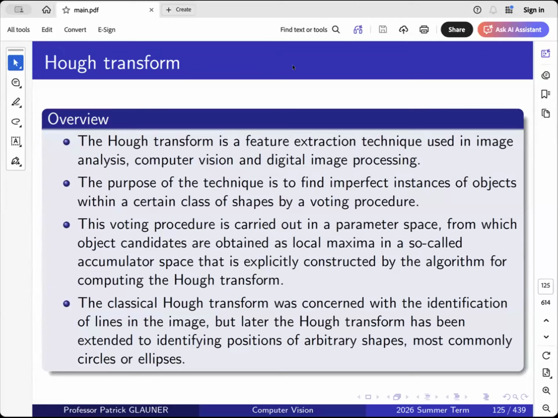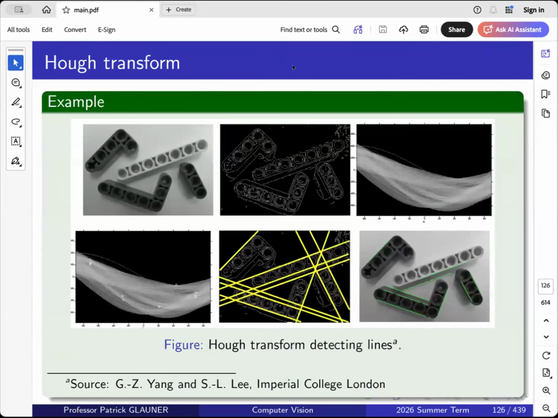The original Hough transform addressed purely straight lines, and over the years, extensions have been proposed in the literature, for example, the ones for circles or other types of shapes.